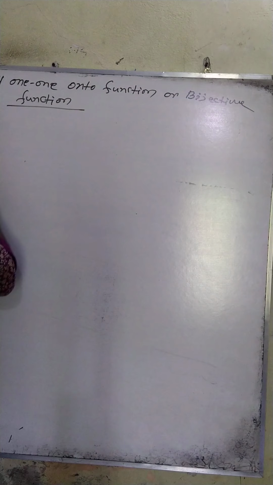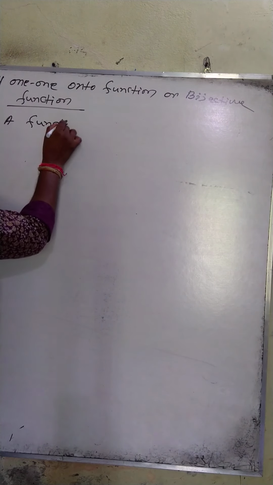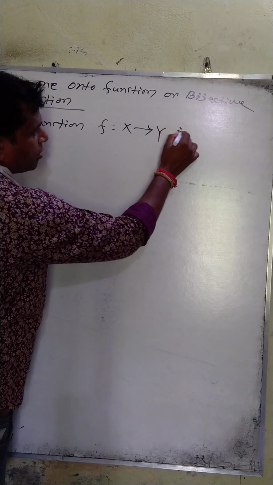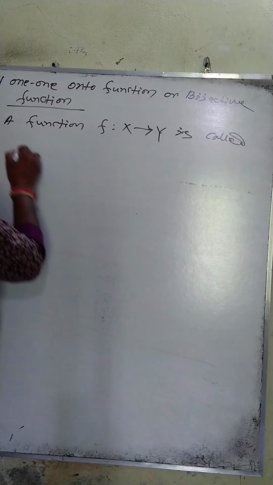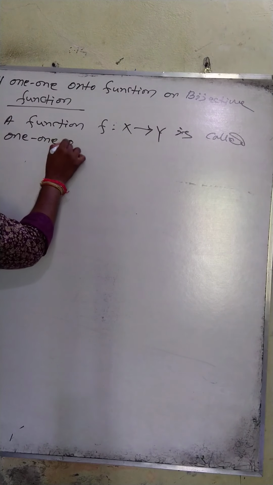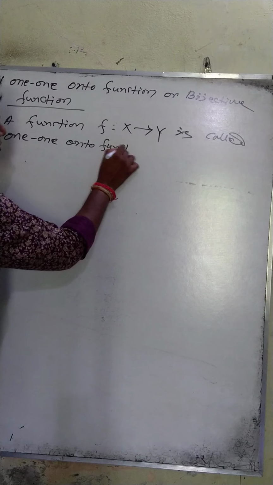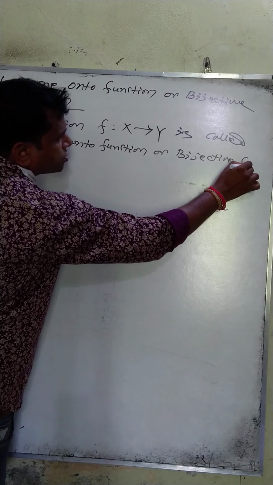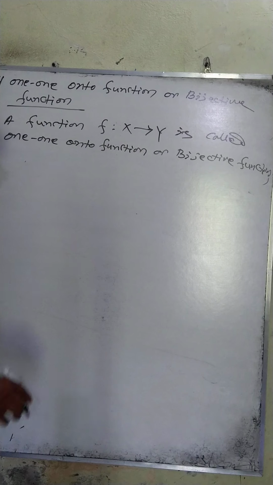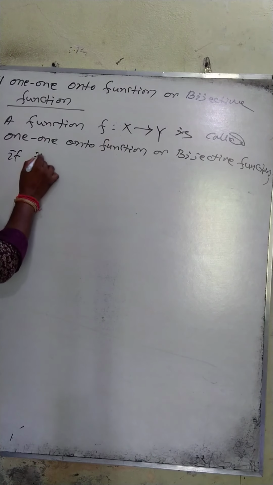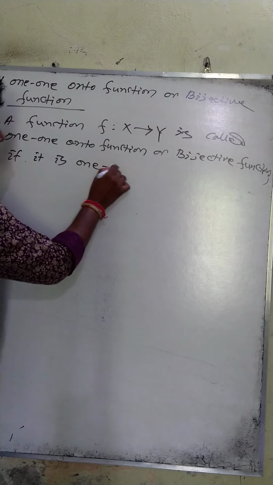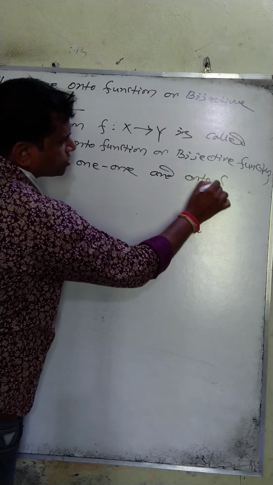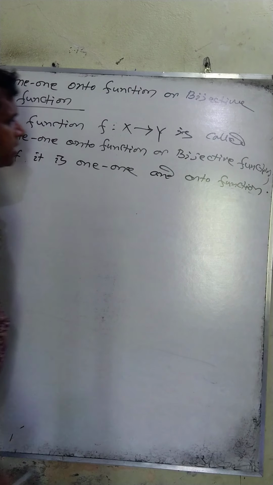Definition: a function f from the set X to Y is called a one-one onto function or bijective function if it is one-one and onto function.